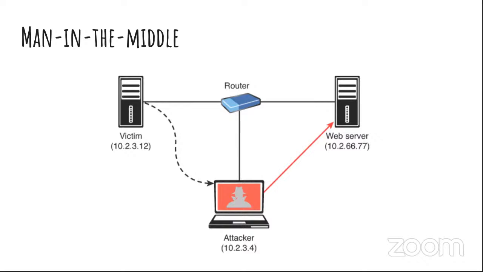A layer 2 attack is usually using ARP and poisoning the caches of the victim and the server, or the victim and the router, to add an entry that shouldn't be there, or manipulating the Spanning Tree Protocol in order to allow all traffic to flow through the attacker system and be able to see everything.